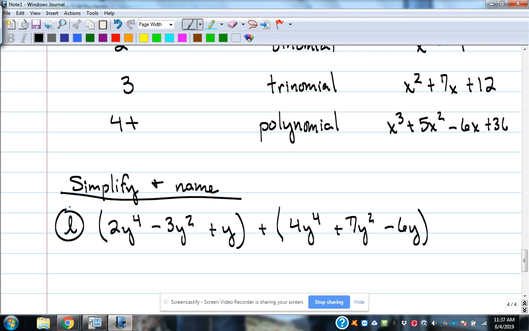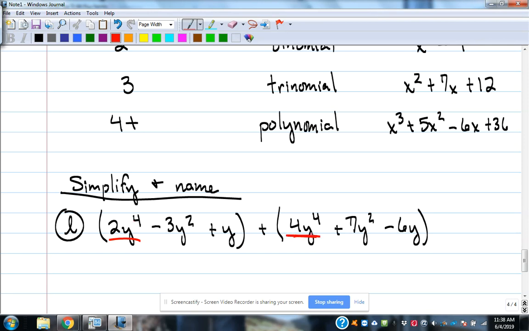Okay. So what are the like terms to 2y to the 4th? What goes with this 2y to the 4th? What does it have to be a like term? It's got to have the same letter, and it'd be the 4y to the 4th.